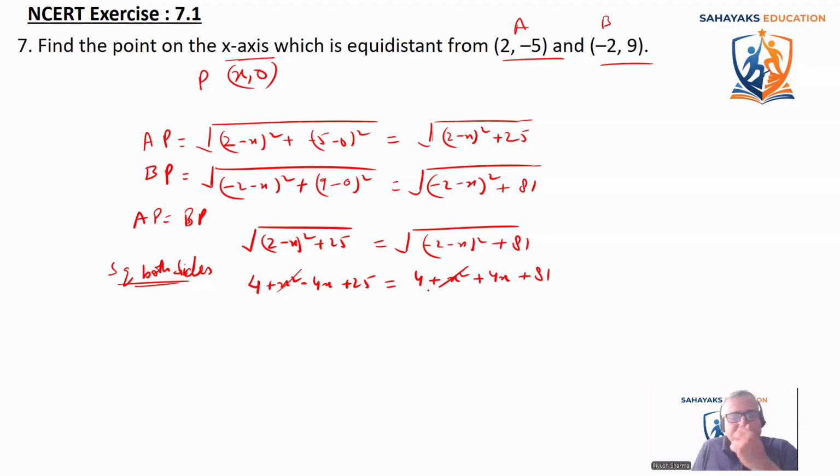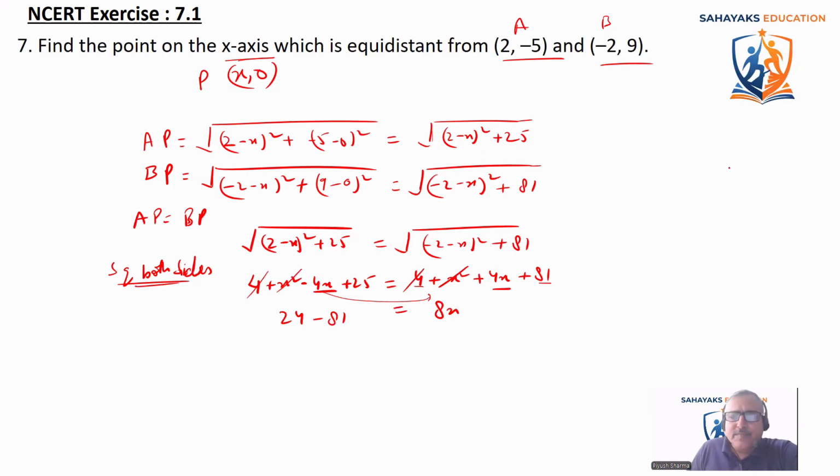We'll move the variables on one side and the constants on the other side. So I'll just move 4x to this side. It becomes 8x, 4x plus 4x, 8x. And then 4 is cancelled by 4, so it becomes 25 minus 81 on the other side.